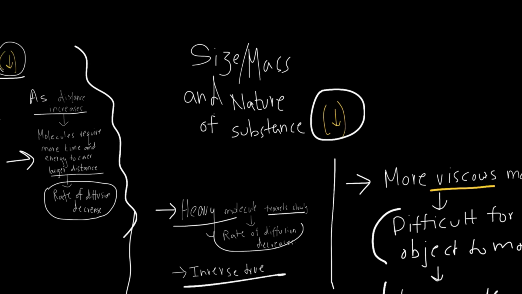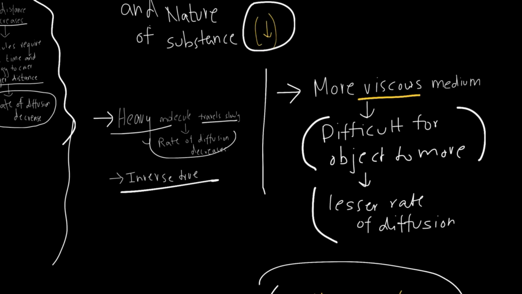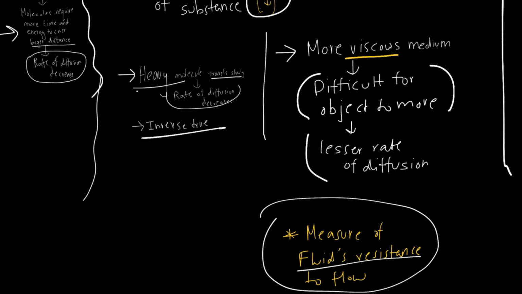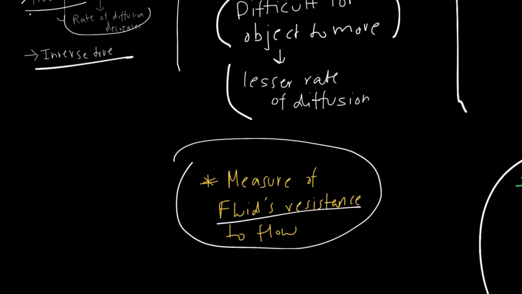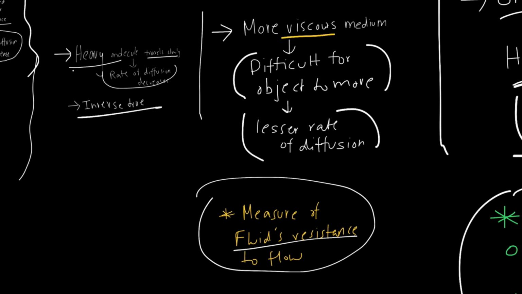And finally, for the size, mass, and nature of substances, a heavier molecule travels slowly, so the rate of diffusion decreases. A more viscous medium provides more resistance, as it's the fluid's resistance to flow. As a result, a lesser rate of diffusion.